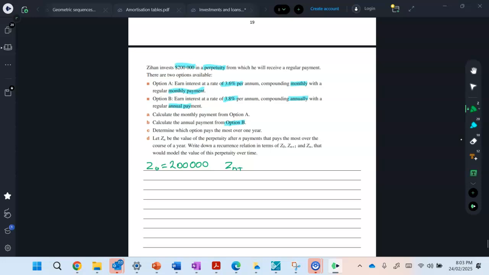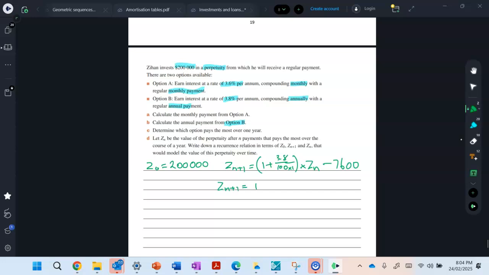Then we have Zn plus 1 is equal to 1 plus your annual interest rate, which is 3.8 over 100. Now we're multiplying that by 1 because it's only one payment period a year, times Zn. And then we're withdrawing $7,600 each year. So it's minus 7,600.